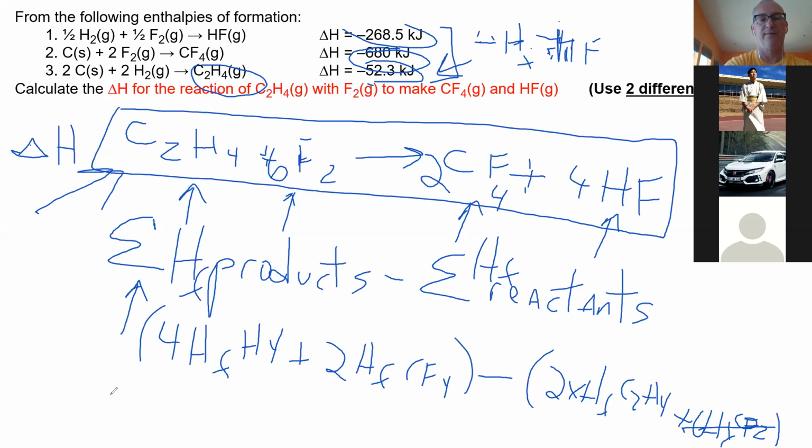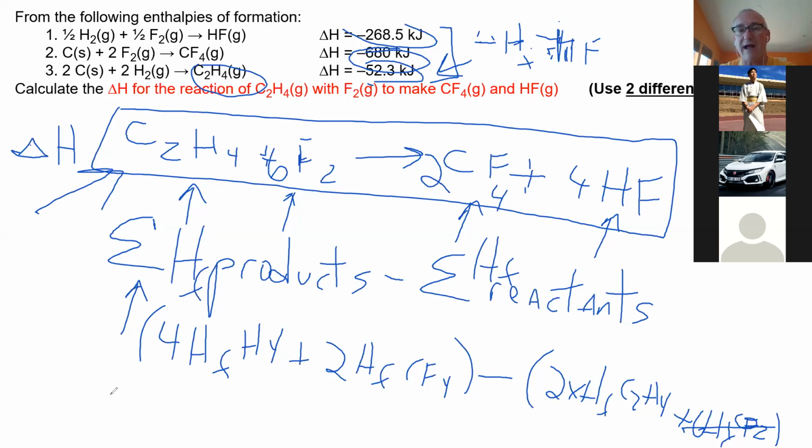But we don't know our F delta H though. What's our... F2 is the most stable form of that atom at standard temperature and pressure. So the heat of formation of making the most stable form of any atom at STP is 0.